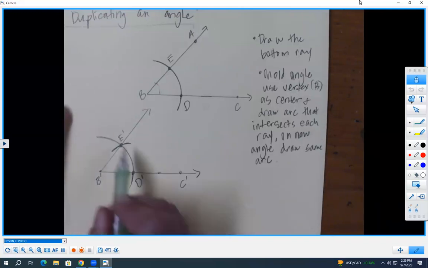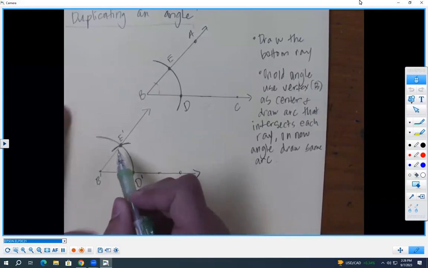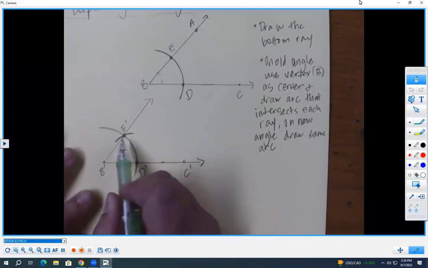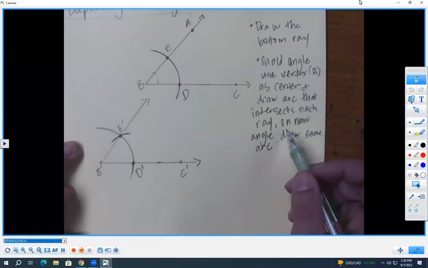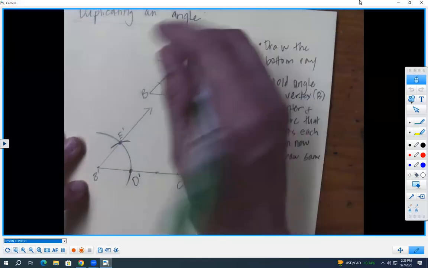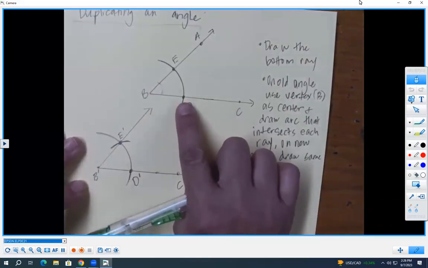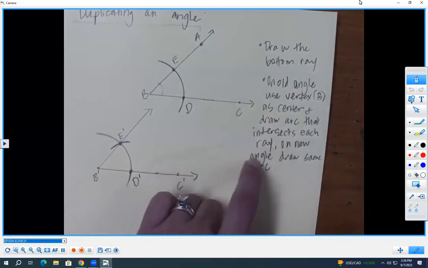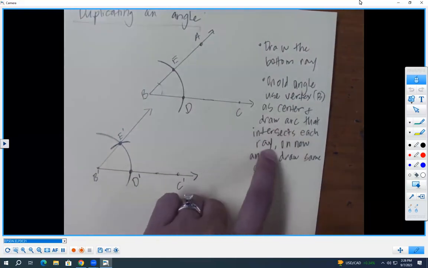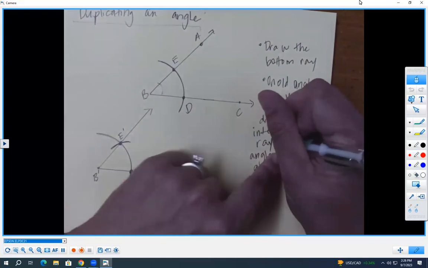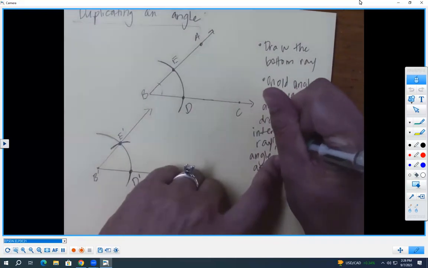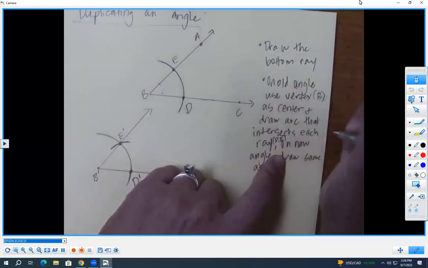So that gets you the arc here. The way we figure out that exact point is we go back to the old angle and we center it at our new points. Let me go ahead and label, draw an arc that intersects each ray, and it intersects at D and E.